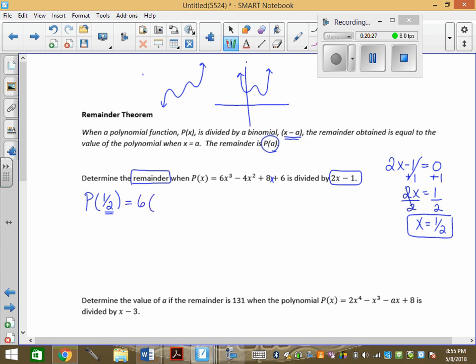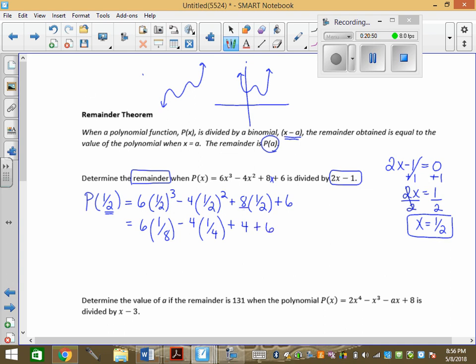So I'm going to get 6 times a half cubed minus 4 times a half squared plus 8 times a half plus 6. So I'm going to get 6, I have to cube both of them, so 1 over 8, minus 4 times a quarter, plus 4, plus 6.